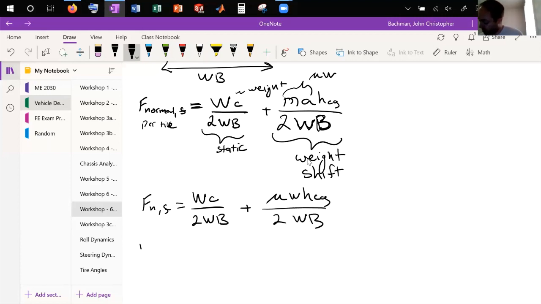So F normal on the front is going to be equal to the weight divided by 2 times the wheelbase, right? I'll put these in parentheses to make that clear. That's not W times B, that's the wheelbase. So it's W times, we're going to have C plus mu times the height of the CG, right?